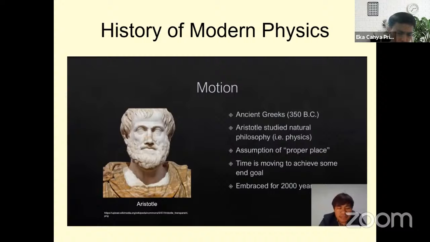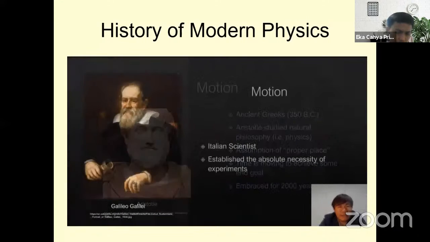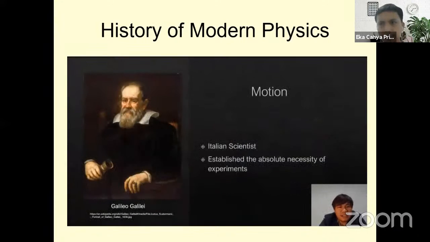With this, time was given a similar absolute meaning, that it is moving to achieve some end goal. For 2000 years, Aristotelian physics was embraced. Later, an Italian scientist named Galileo Galilei established the importance of experiments, which disintegrated the concept of Aristotelian physics.